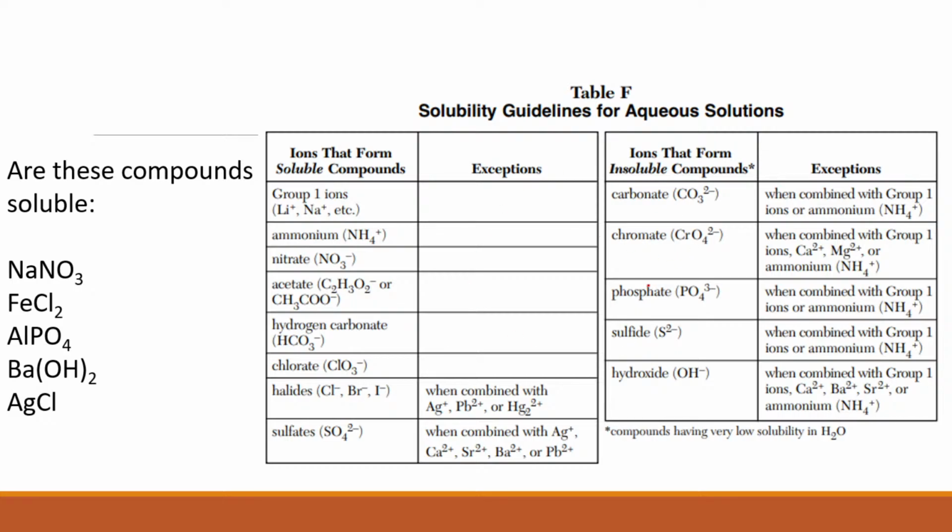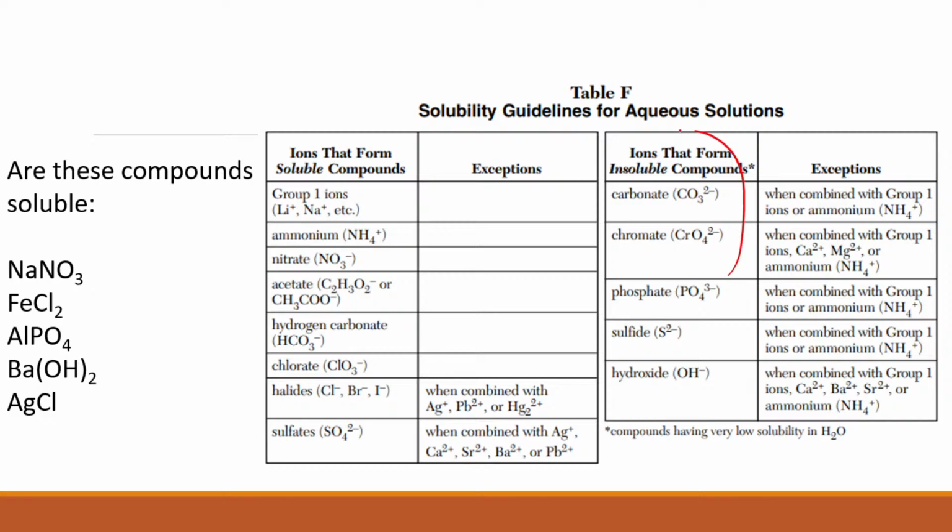Here we still have our lovely friend, Table F, and we've got some compounds. The question is going to be, are these compounds soluble? Let's start with sodium nitrate, NaNO3. I'll do this one with you. When we have NaNO3, we want to decide if it's soluble or not.